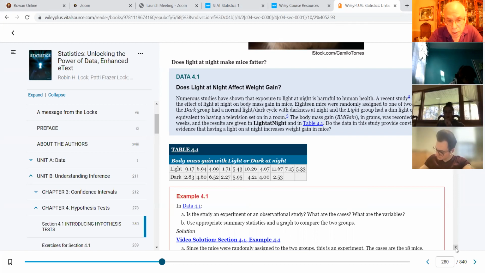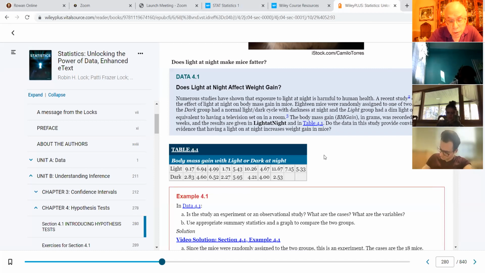All right, so you get the idea that we want to determine if light is harmful to mice in this case here. What are they looking at? What are they measuring? The gain in body mass, all right? And it says that it was recorded after 3 weeks, and the results are given in the table here.